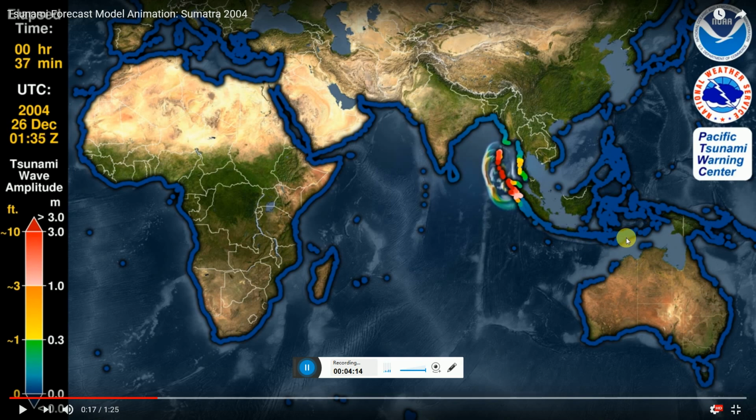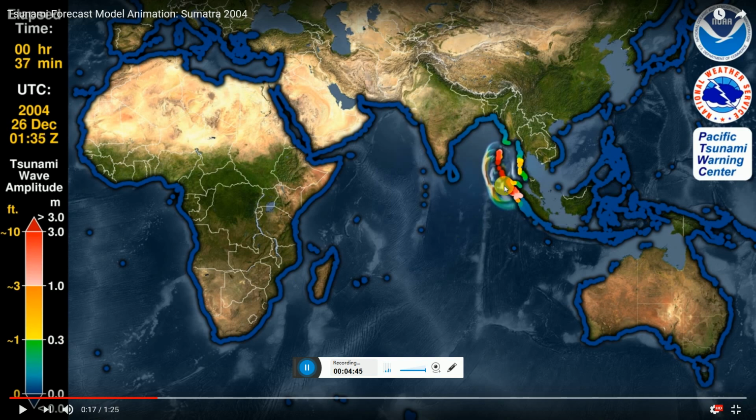Now, another famous example of a subduction zone is the Himalayan mountain range over here. The Indian subcontinent is being pushed against the Asian continent, pushing up the Himalayas as a result.